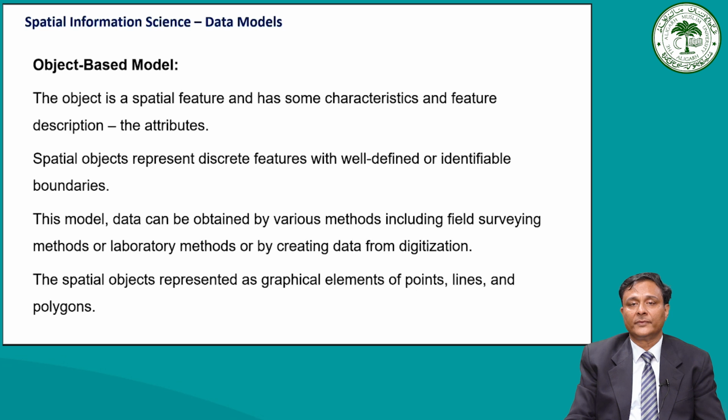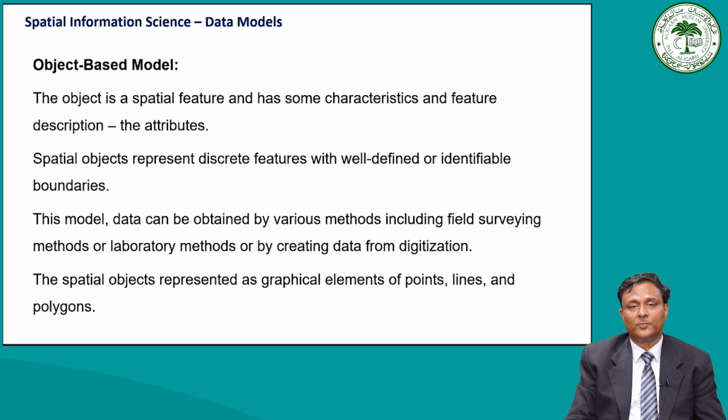So it is clear now that for the object-based model, the object is a spatial feature and has some characteristics like spatial boundary, application relevance, and feature description like various kinds of attribute information.